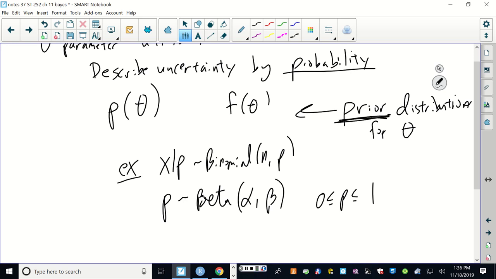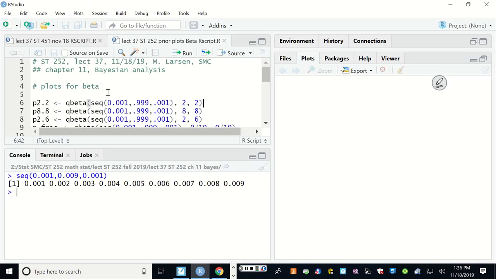So prior to seeing our data, we think about what's going to happen. We look at our past experience and evidence we have from other studies and so on, scientific knowledge, and try to put some distribution that says where we are. Beta can be very flexible. Let's look at a little bit of the code that's on there to illustrate what these things are.